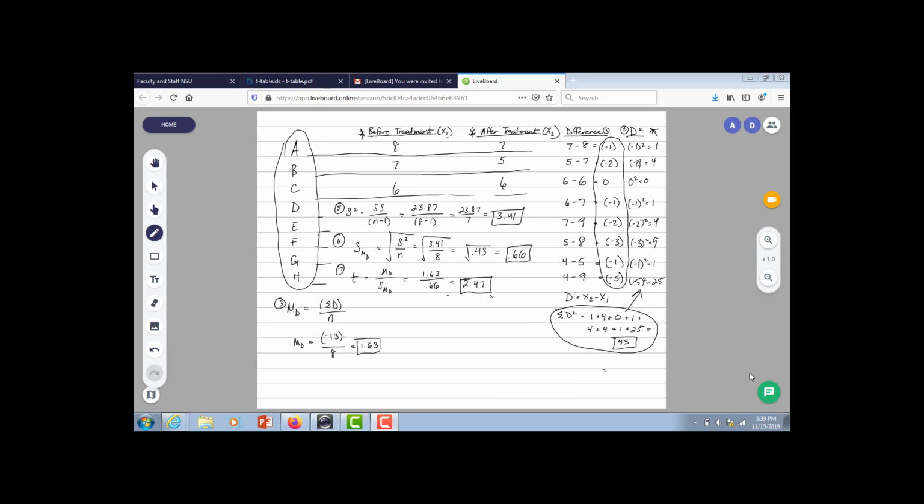And let's say we were told that we need to run a test with the alpha level of 0.05. It's two-tailed, and we'll ultimately need to utilize our degrees of freedom to find our t critical.